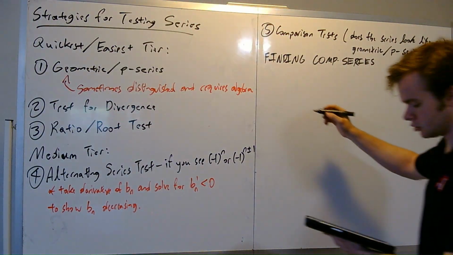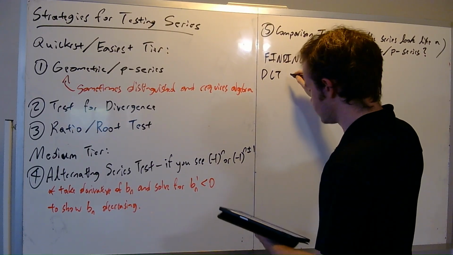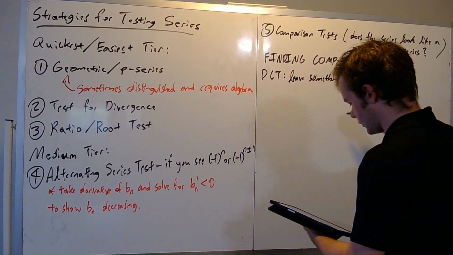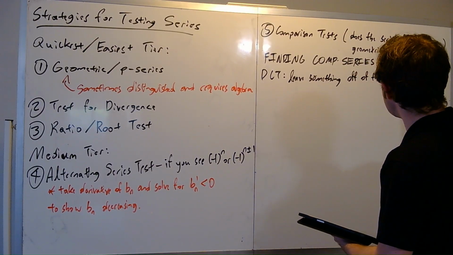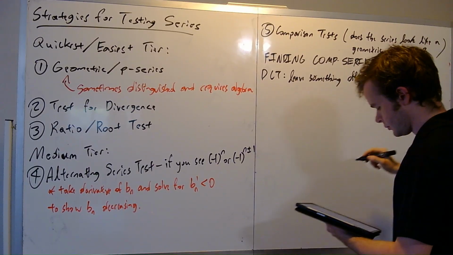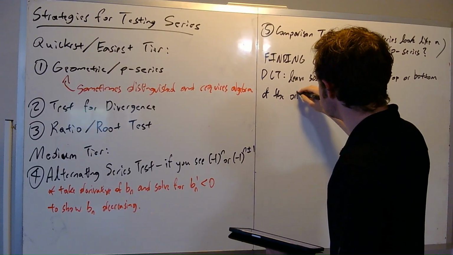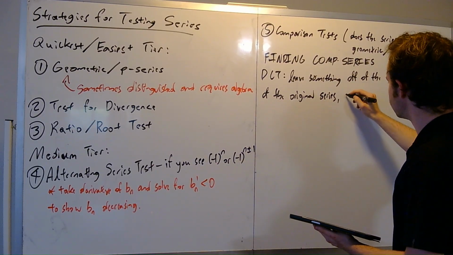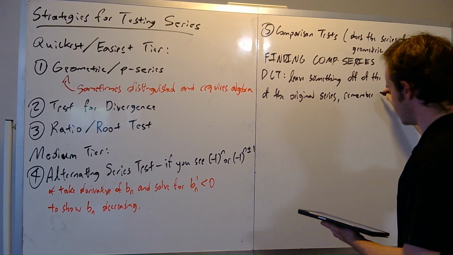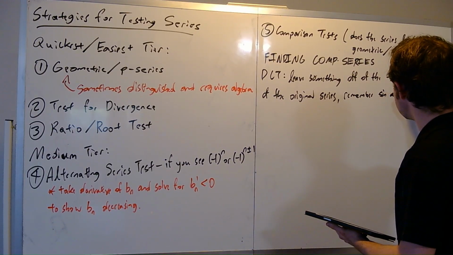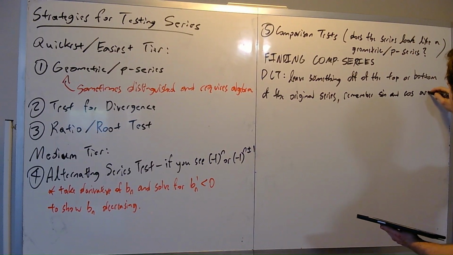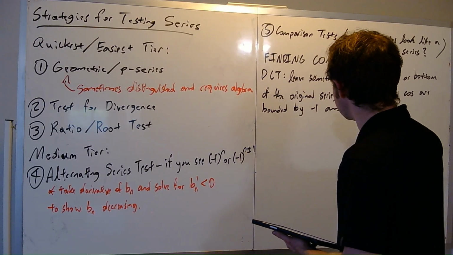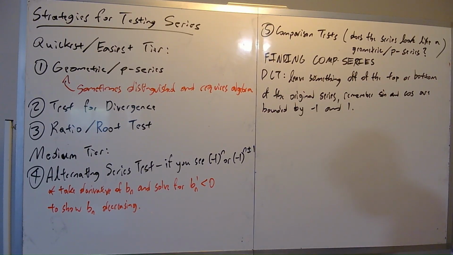All right, so for the direct comparison test, I'll say what we want to do here is leave something off of the top or bottom of the original series, and also to remember that sine and cosine are bounded by -1 and +1.